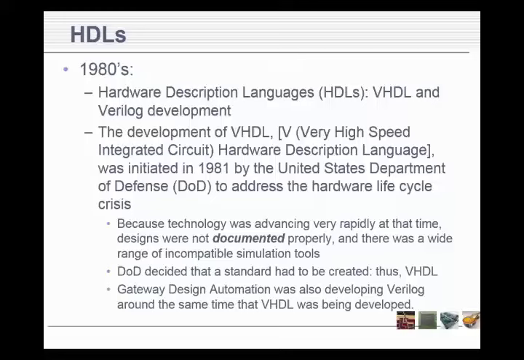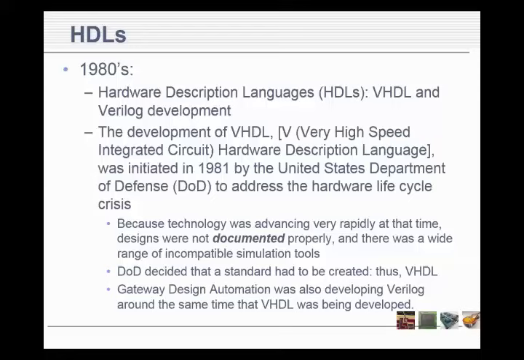Now we're moving along, finally got into the 1980s, and we came up with HDLs, a hardware descriptor or hardware description language. I can't remember which one it is. Here I've got written hardware description language, so if I have tests and you put descriptor or you put description, either one, I'm not going to mark it wrong.